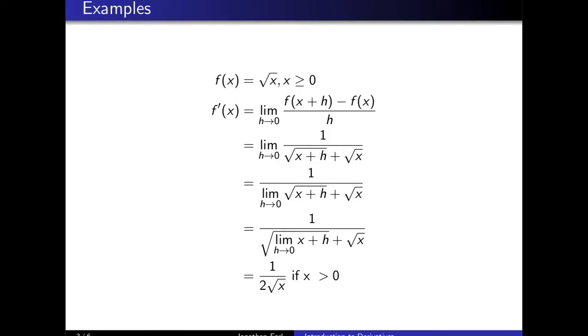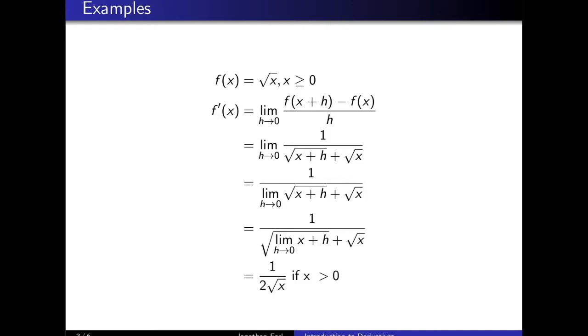Okay, so now what we'd like to do is pull out our quotient rule, so pull the limit down to the denominator. But the one thing that we need to do here is make sure that the denominator is not going to be 0. So we're going to split this into two cases. First, if x is 0, so we were trying to find the derivative for square root of x at x equals 0, we would just be left with 1 over the square root of h as h goes to 0.